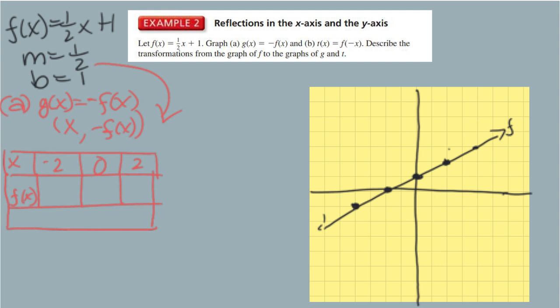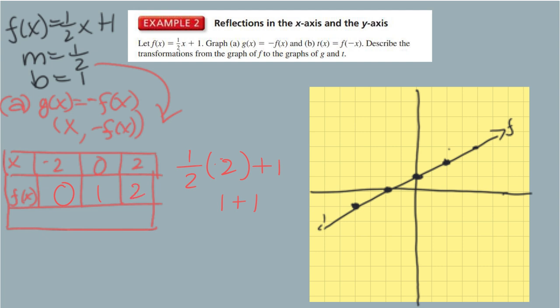So we have half times -2 plus 1. Half of -2 is -1. And plus 1 gives me 0. Then we have half times 0 plus 1, which gives me 1. And then we also have 2 times half, which gives me 1, plus 1 gives me 2.